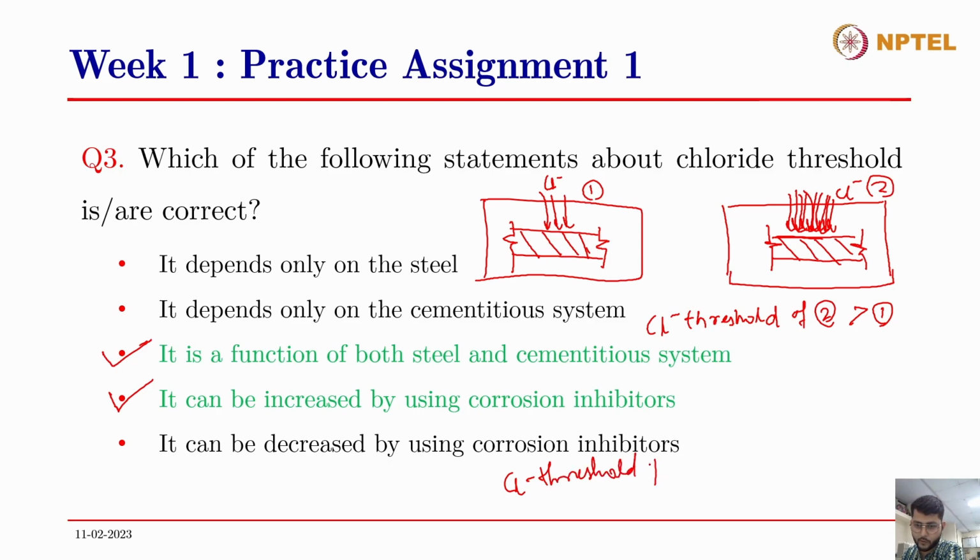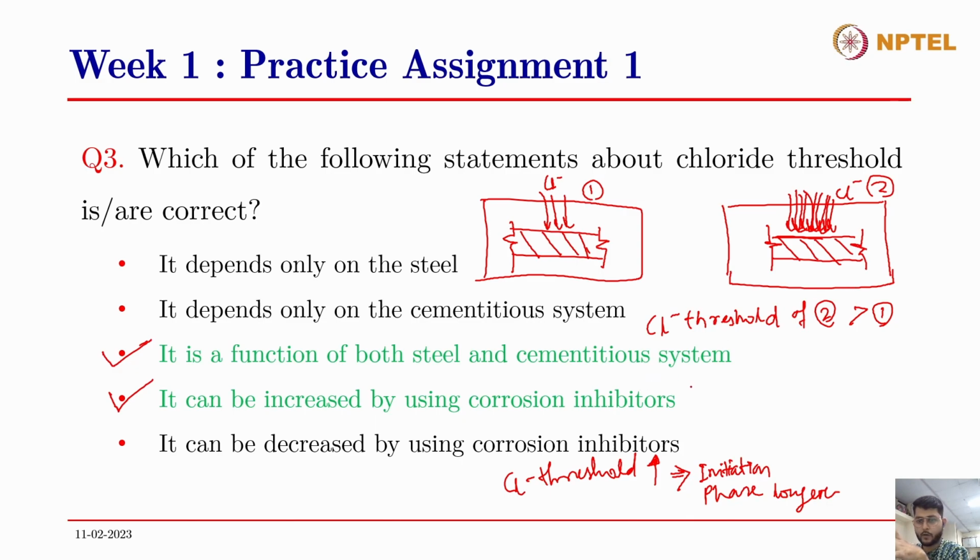If the chloride threshold of a system increases, the initiation phase is longer. So system 2 will have a longer duration of initiation phase than system 1.